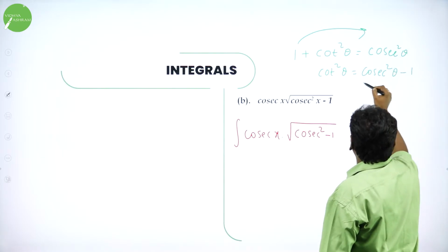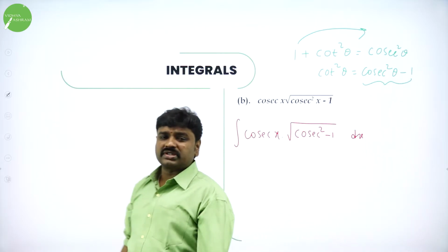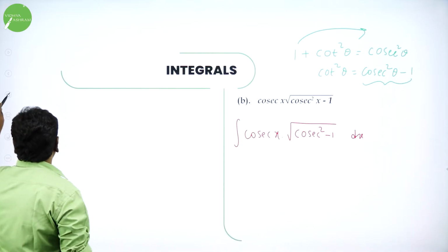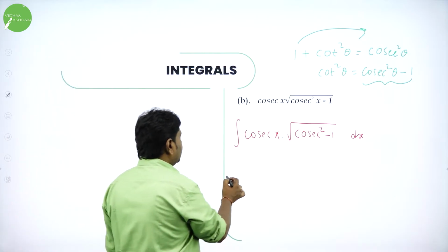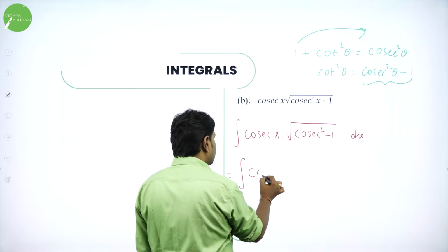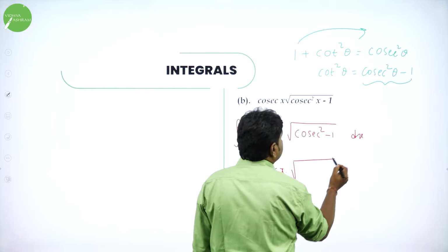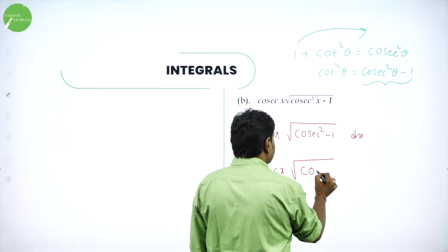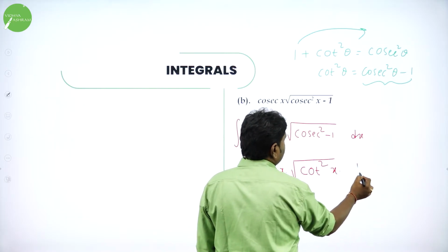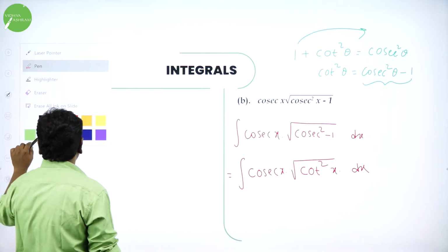Simple, in place of cosecant square theta minus 1, you can write cot square theta. So before you integrate, simplify. The integration symbol, let it be. Outside we have cosecant x, let it be. And root of cosecant square minus 1 is root of cot square x, with respect to dx. Now simplify or cancel the terms.